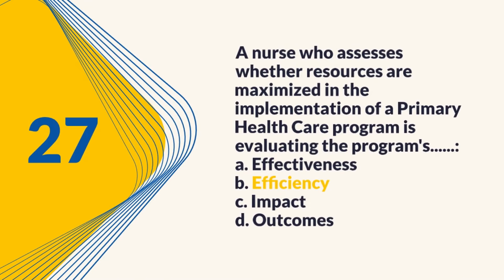Alright, let's first define what we're looking at here. Efficiency is all about how well resources are used to achieve the best possible results. If a nurse is checking whether resources are being maximized, they're focused on making sure everything is used as effectively as possible. Effectiveness, impact, and outcomes are important too, but they come later. So, the correct answer is B, efficiency.